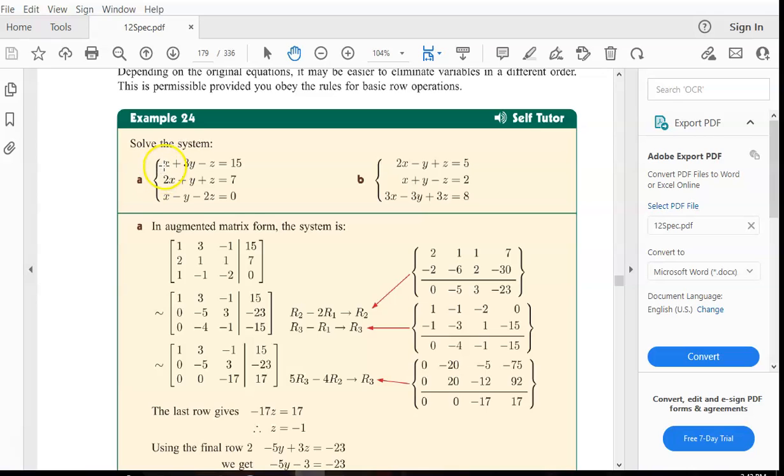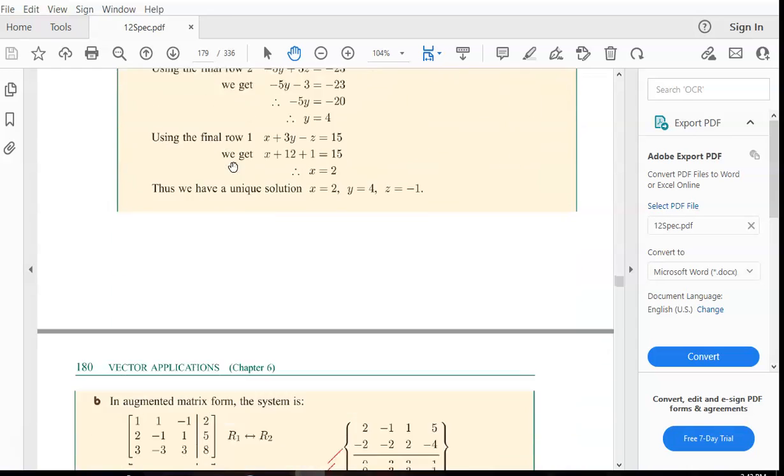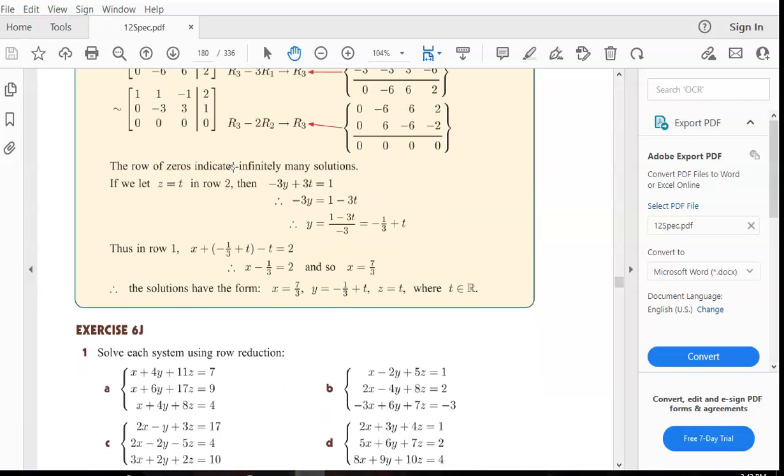Then you just put in 1, 3, minus 1, 15, and so on. Press solve and you'll get your answers. We practice this with row ops where it has nice answers because eventually you're going to get letters in there, so we need to practice that again. So let us dive in.